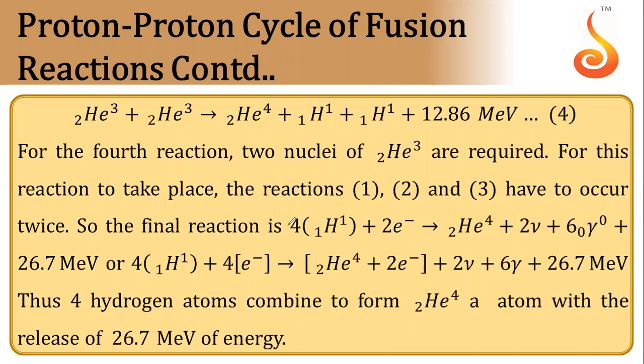So when you add all these reactions, the final reaction will come as this one: 4 hydrogen nuclei plus 2 electrons will combine to form a helium nuclei plus 2 neutrinos and 6 gamma radiation, plus 26.7 mega electron volt energy will be released.